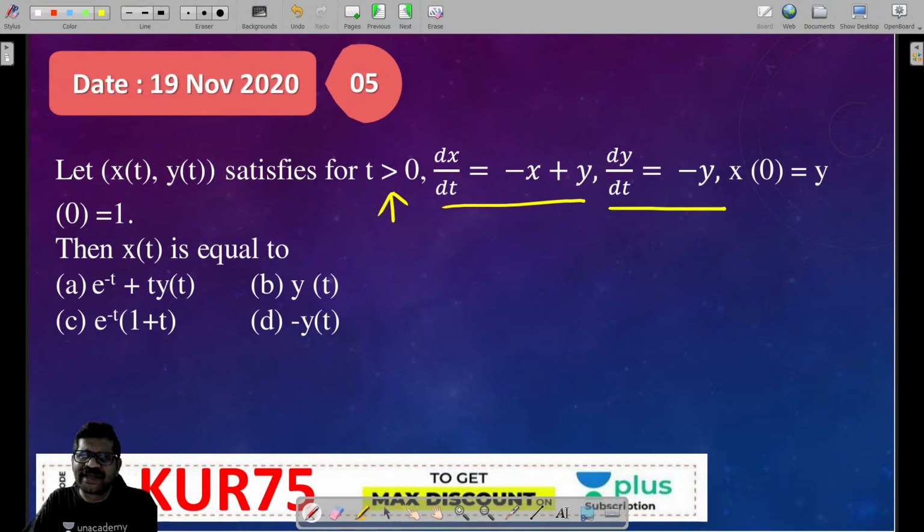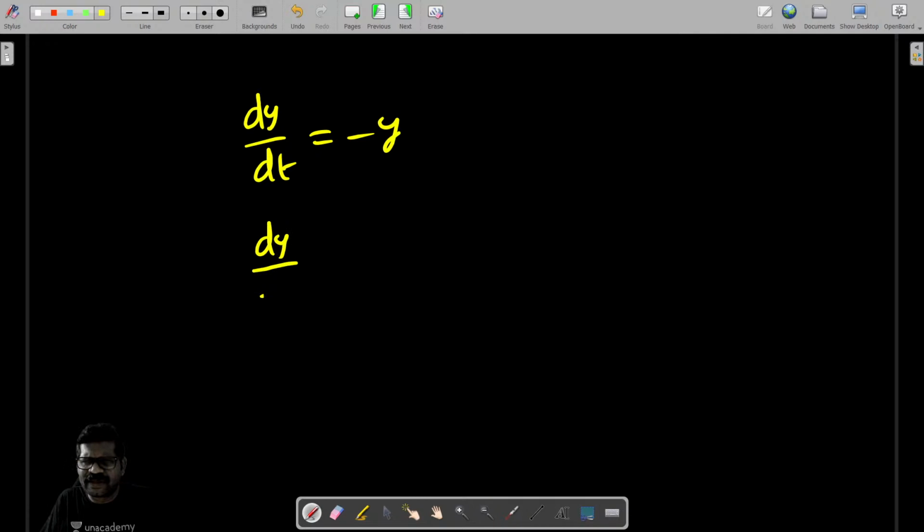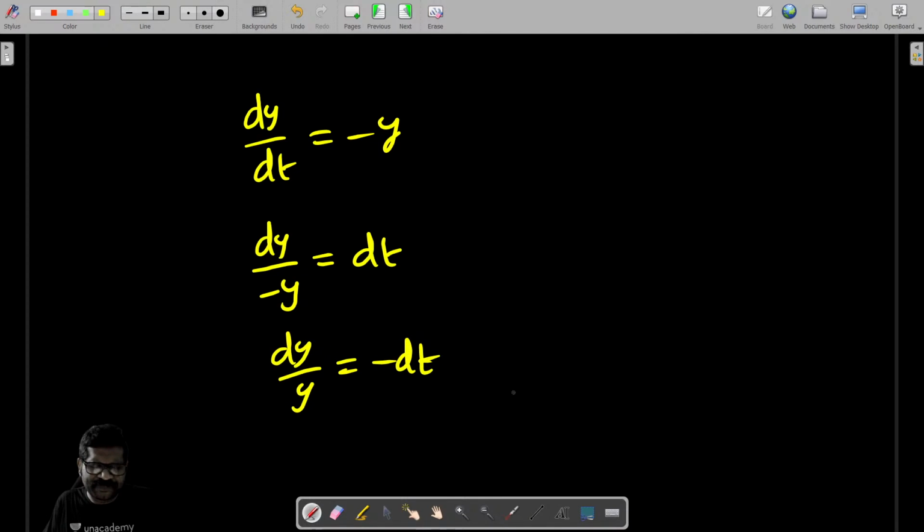Now first I am taking dy by dt equal to minus y. Observe carefully. From this you can write dy by minus y equal to dt, dy by y equal to minus dt.